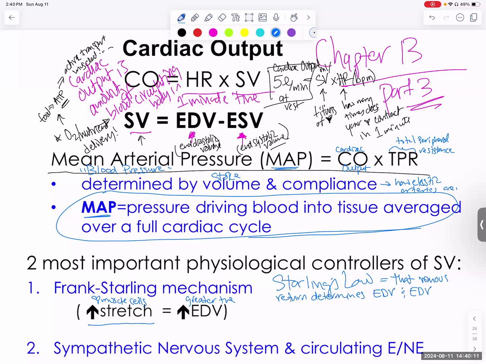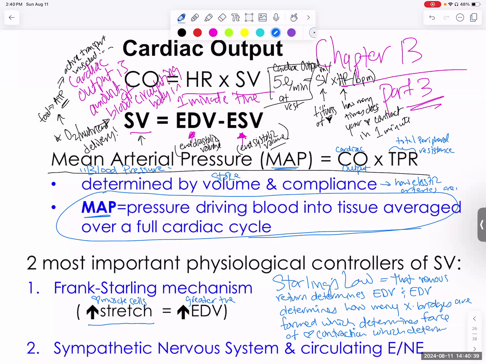And end diastolic volume ultimately determines how many cross bridges are formed, which determines force of heart contraction, which determines stroke volume. That's actually not what Starling's law says.